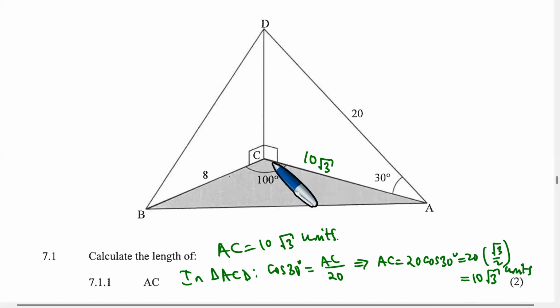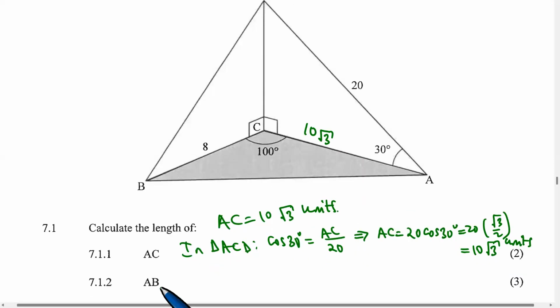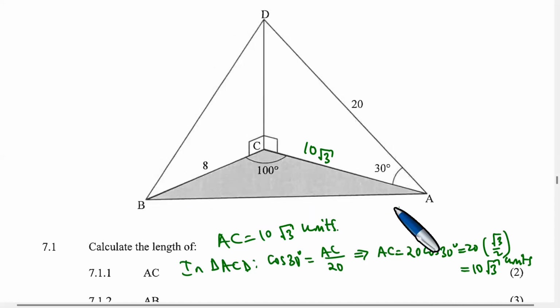That is the length of AC. And then we just need to find now the length of AB. Right, so to find the length of AB, we proceed as follows. How do we find the length of AB? The distance from here to there.